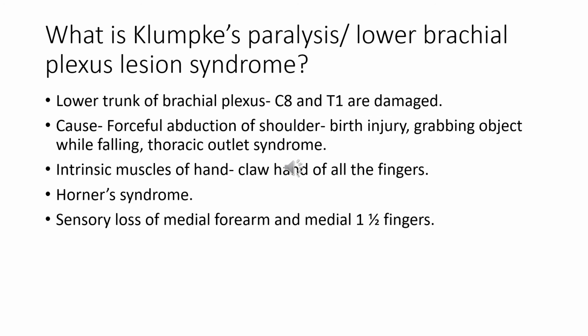One important feature of Klumpke's paralysis is that there may be associated Horner syndrome due to affection of sympathetics. In Klumpke's paralysis, there may be sensory loss of the medial forearm and the medial 1.5 fingers. We know that in Erb's paralysis, there may be sensory loss in the lateral forearm. So in Klumpke's paralysis, there is sensory loss of medial forearm.